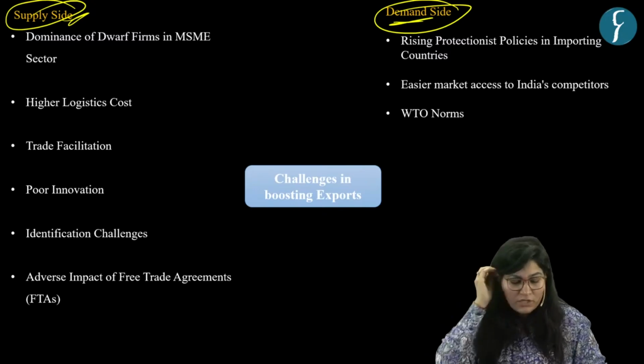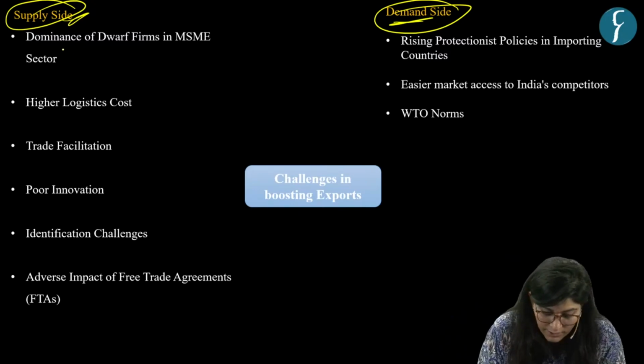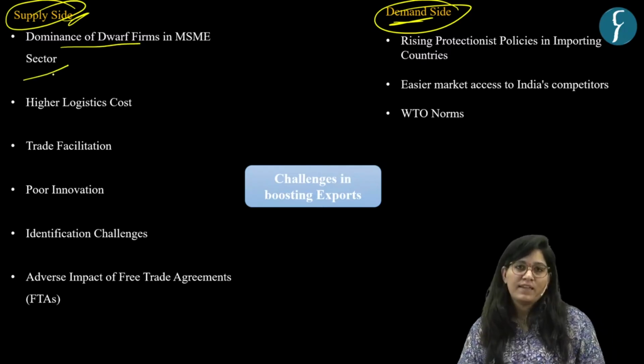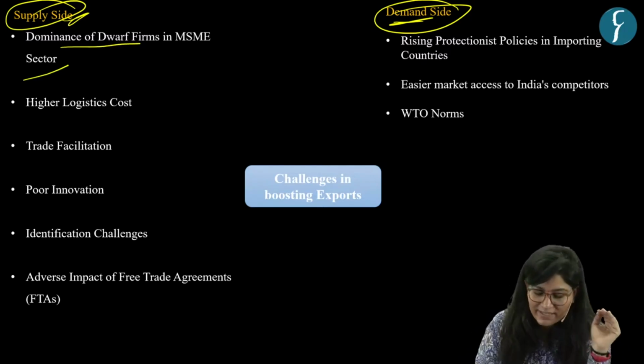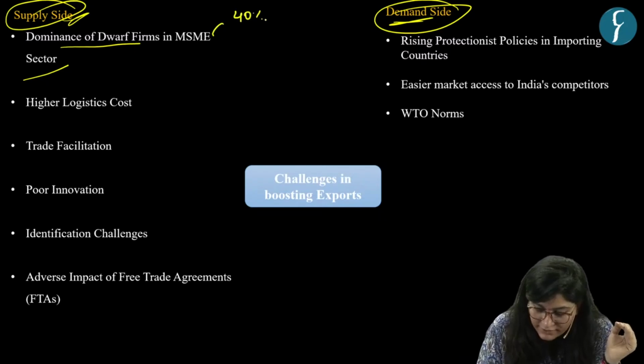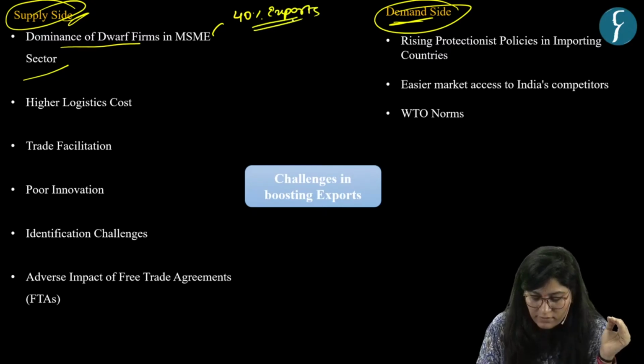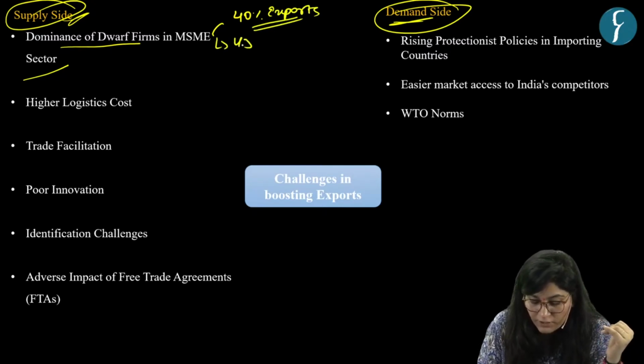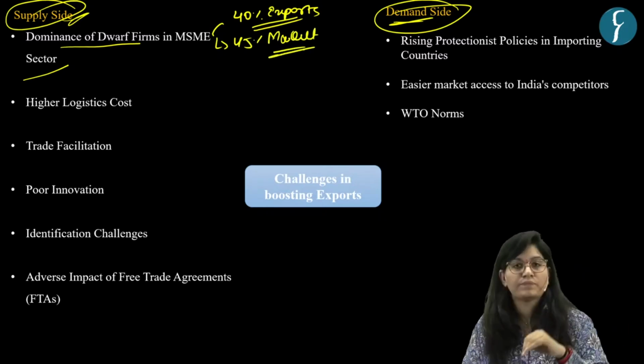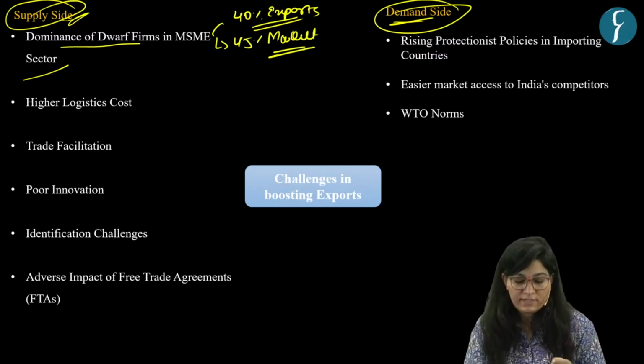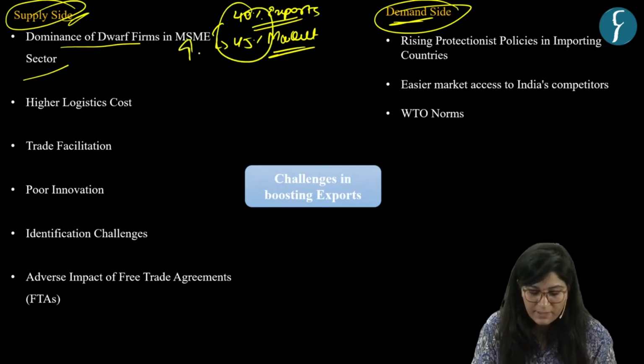Okay. So first we'll start with the dominance of dwarf firms in the MSME sector. See, MSME is providing 40% of exports and 45% of manufacturing output. This is the proportion provided by MSME.